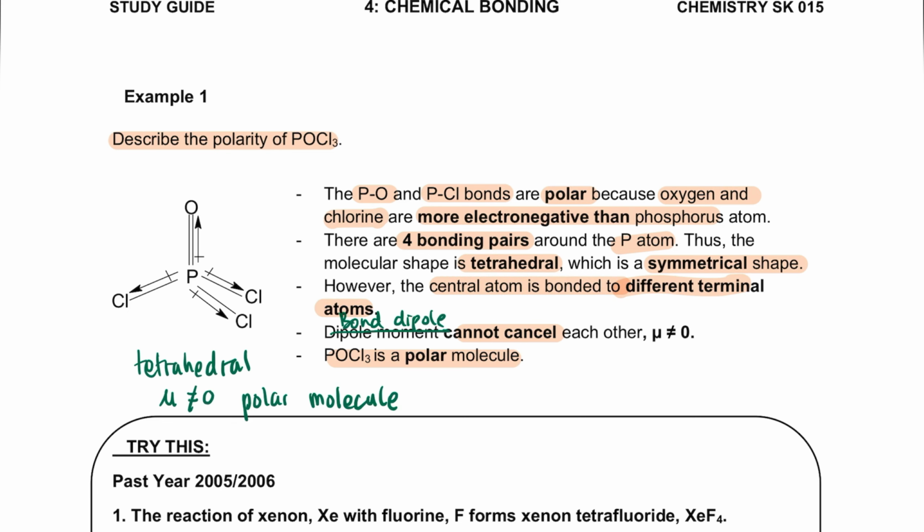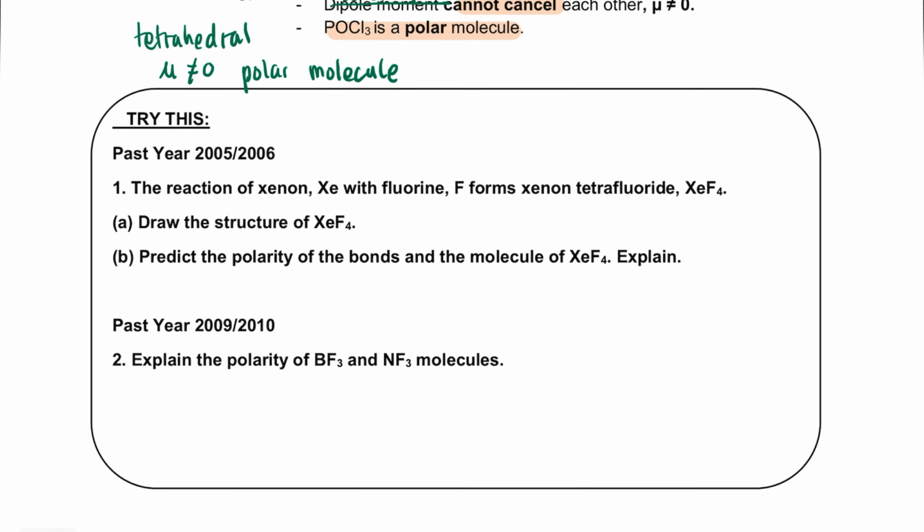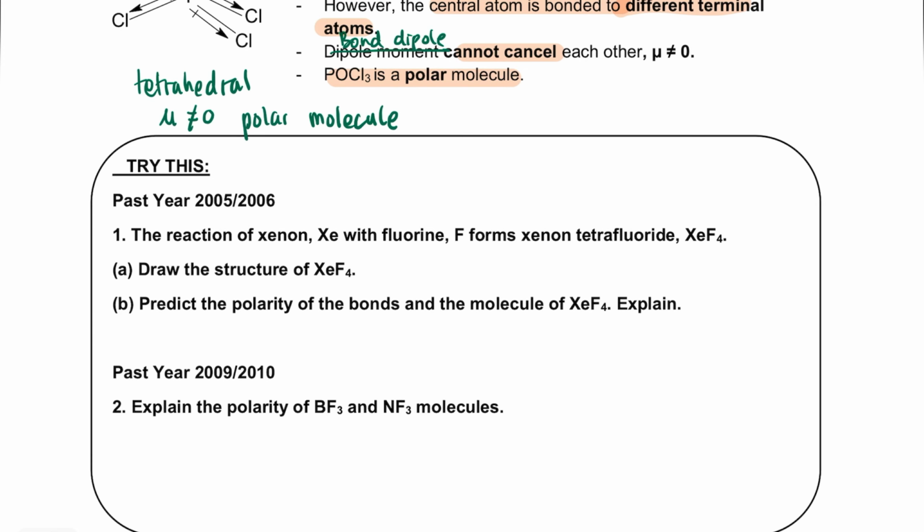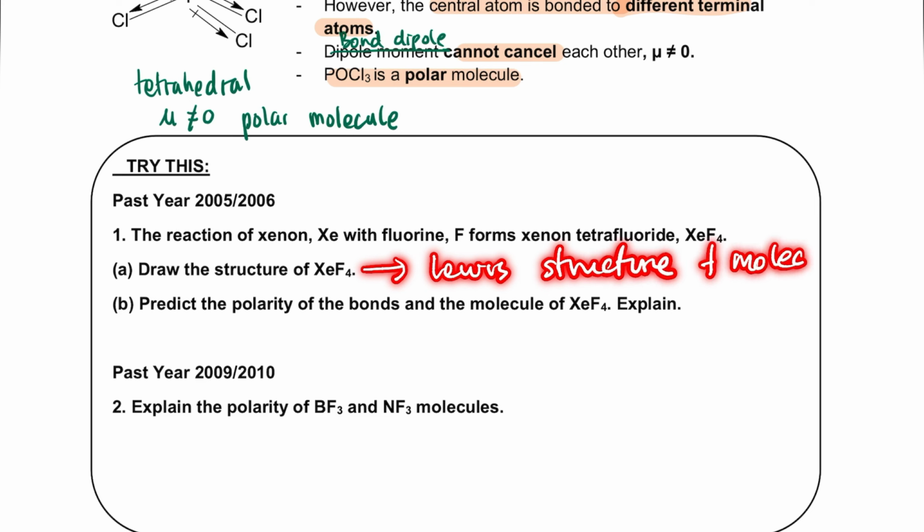Alright, so done. Okay, so next apa yang kamu perlu buat adalah cuba this example. Okay, so as you can see this example, the first one dia bagi XeF4 and then dia suruh kamu draw the structure of XeF4. Okay, so draw, dia tak cakap Lewis structure, so that's mean I'm expecting you to draw dia punya Lewis and then determine dia punya molecular geometry dia, and then redraw lagi dalam bentuk yang betul.